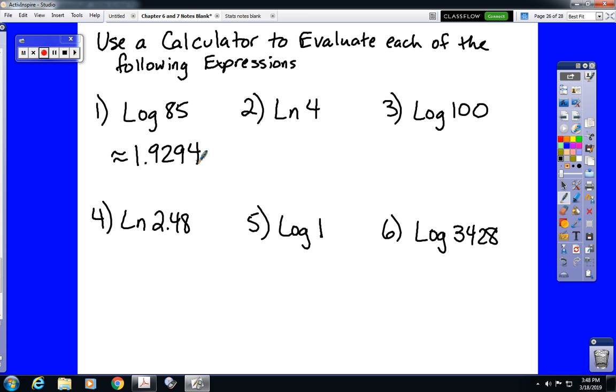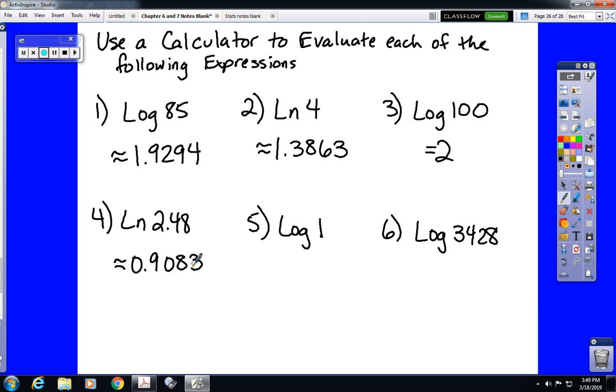So again, you should have 0.19294 for the first one. For the natural log of 4, you should have 1.3863. For the log of 100, that should be exactly 2. For the natural log of 2.48, you should have 0.9083.